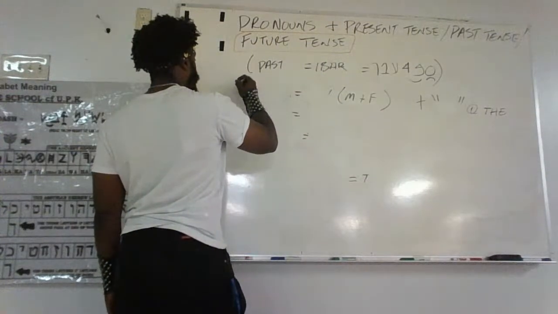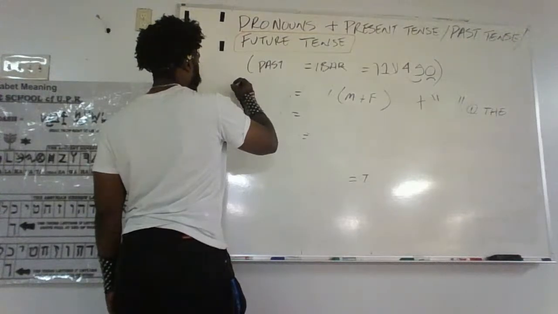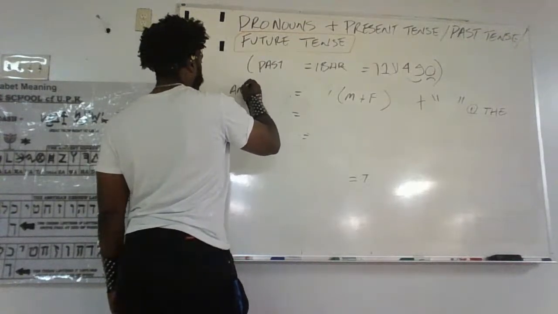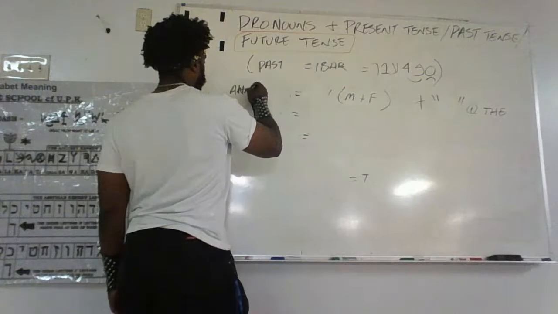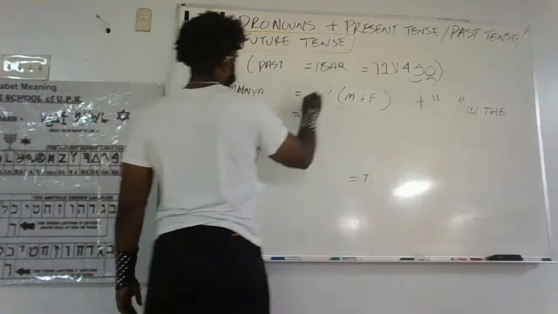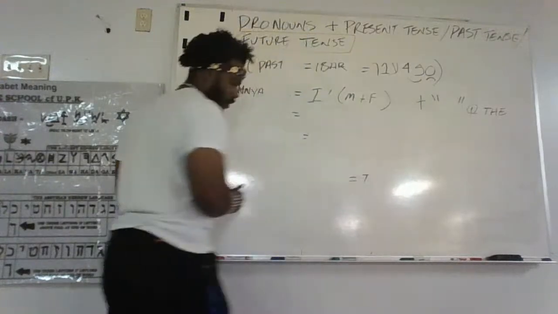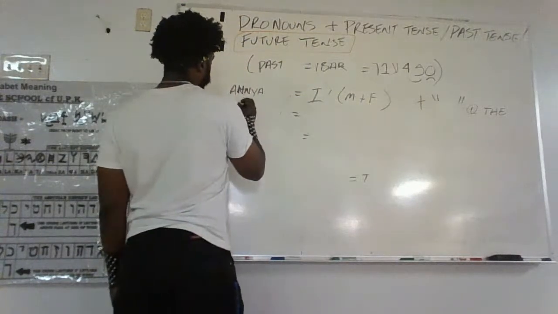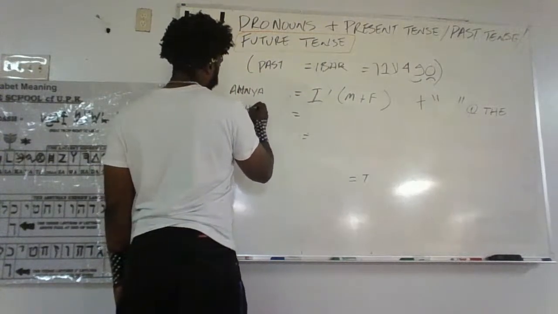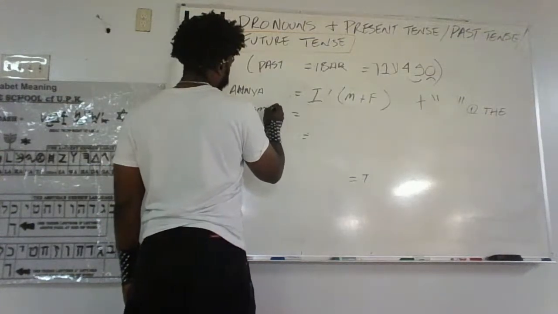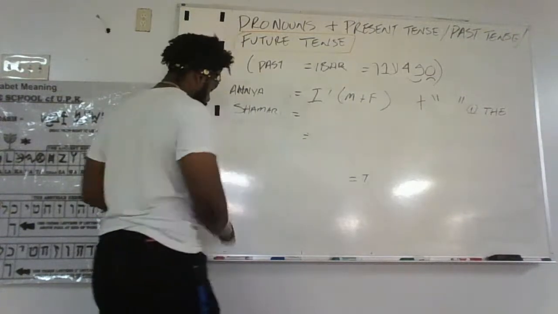We're gonna use anya, which is I, masculine or feminine. We're gonna use shamar again.